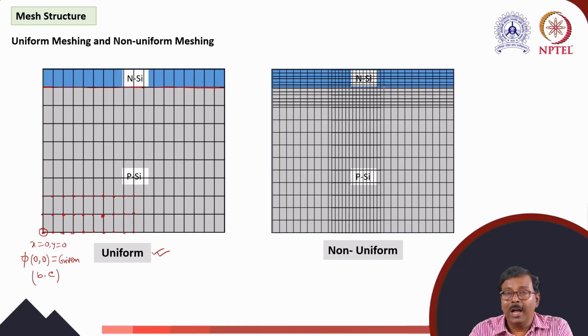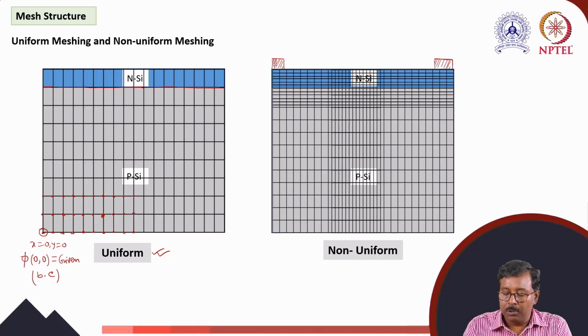Also, suppose you have some finger-like contacts. Here you have some contact. These are the contact points. These are also contact points. You know, at the contact there are metal-semiconductor interfaces. So near the contact also you would like to increase the mesh.